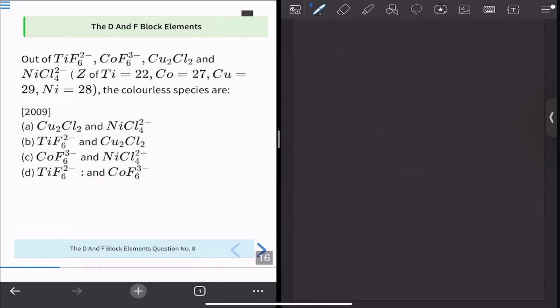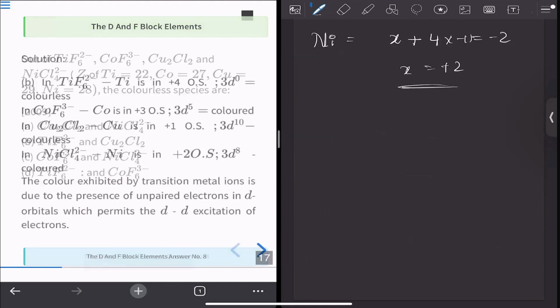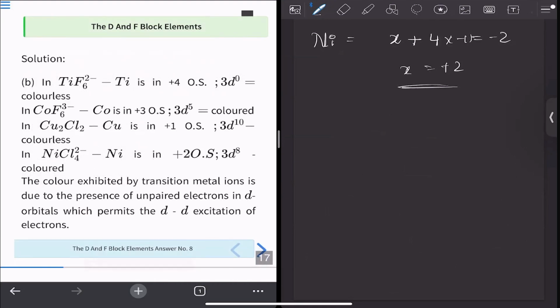Next they have given nickel, NiCl2. So x plus 4 into minus 1 is equal to minus 2, so x is equal to plus 2. Nickel is present in the plus 2 oxidation state. When it is in the plus 2 oxidation state, nickel will have a 3d8 configuration.